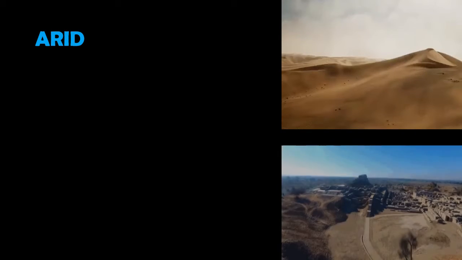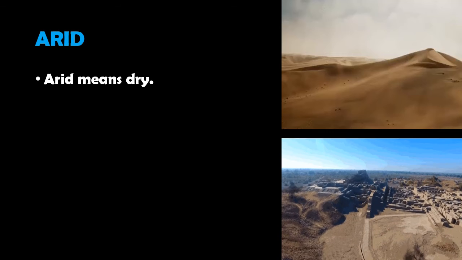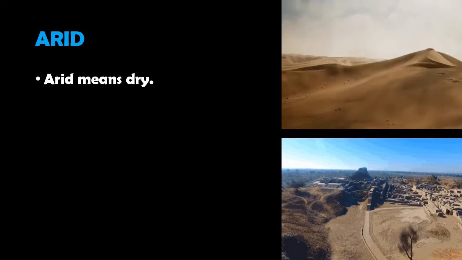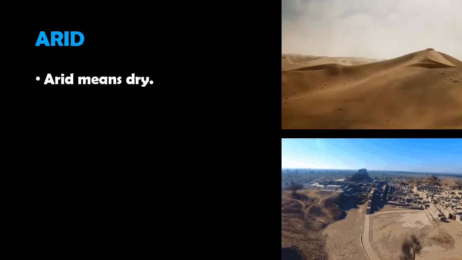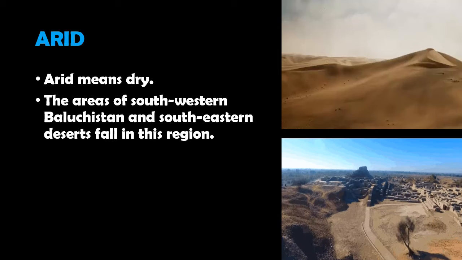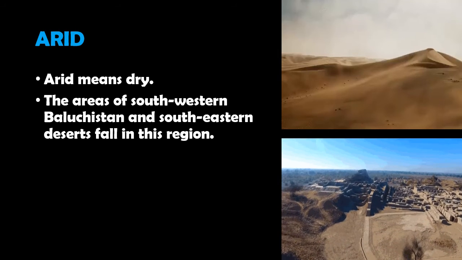Now the second major climatic zone of Pakistan, arid. Arid means dry. So what comes to your mind when I talk about the dry climate? Obviously deserts. The areas of southwestern Balochistan and southeastern deserts fall in this region.